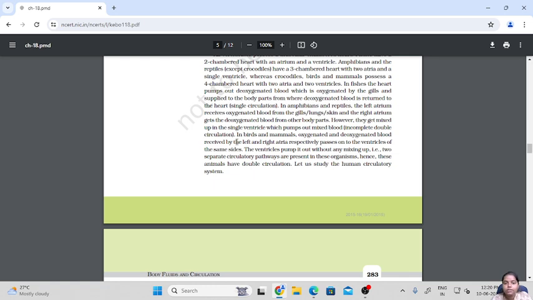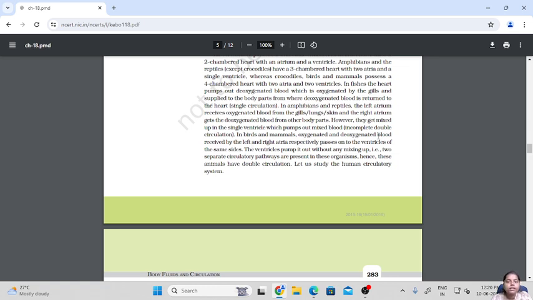In birds and mammals, oxygenated blood is received by the left atrium, and deoxygenated blood is received by the right atrium, which pass it on to the ventricles of the same side. So the oxygenated blood received by the left atrium is passed onto the left ventricle only.